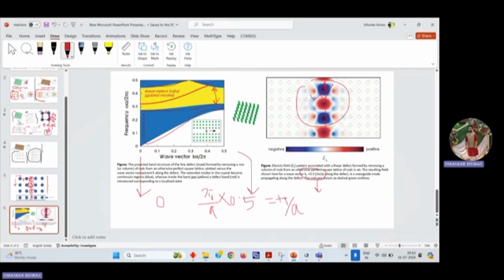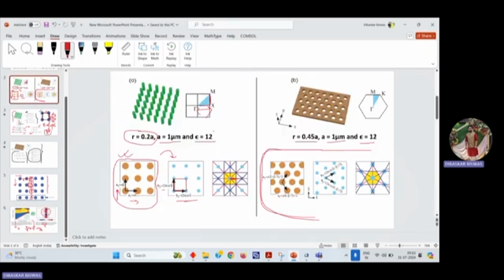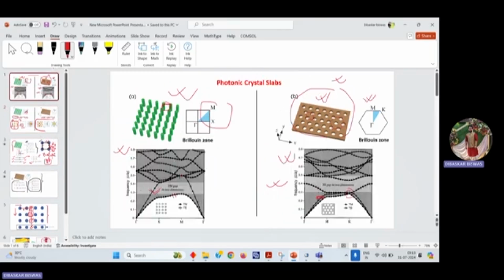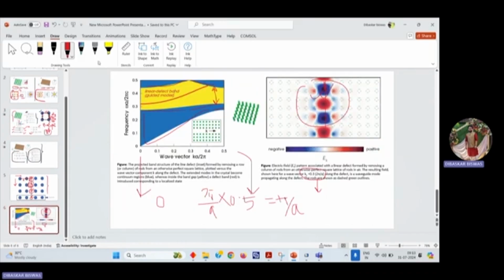Earlier, for a normal periodic structure, no such line was appearing in the band gap, but here you can see a red line appearing. This is the defect state, or the guided mode. Due to the introduction of the defect, this kind of eigenfrequency state has appeared.